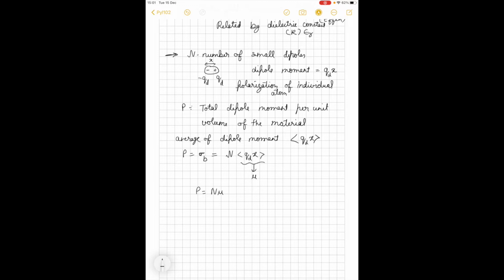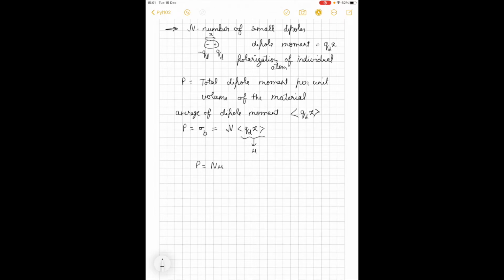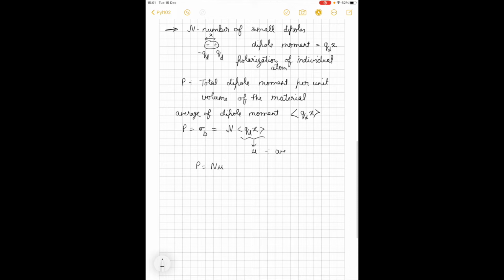And mu is the average dipole moment. This mu can be written in terms of the polarizability, alpha.